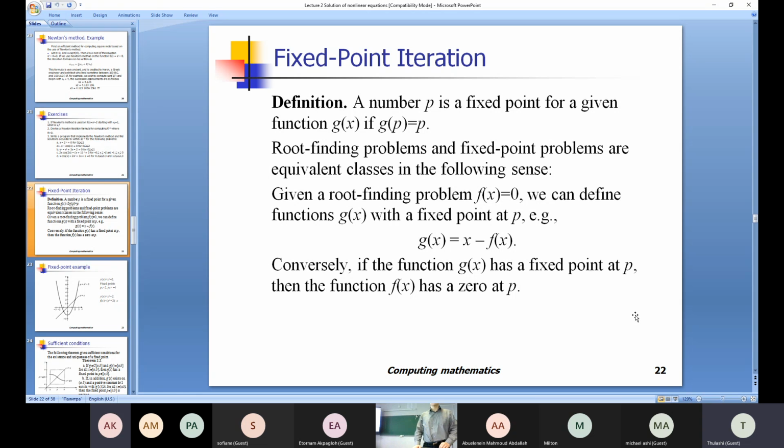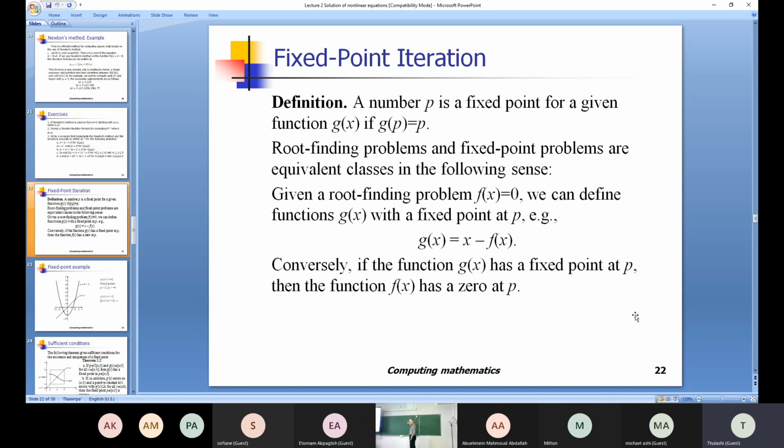X squared, the same. The same? No. You should tell me the value of x, for which the value of a function equals to x. This is a function, the general function, g of x.